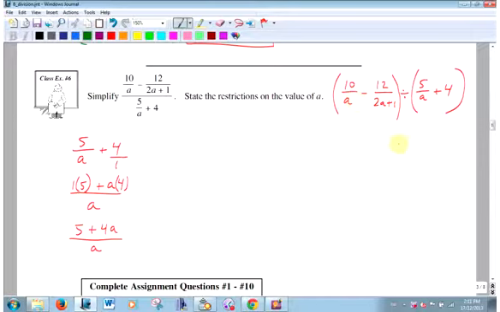But what does this thing become? Let's do it right here. What's the common denominator? A times 2a plus 1. Okay? How many times does a go into this thing? 2a plus 1 times.